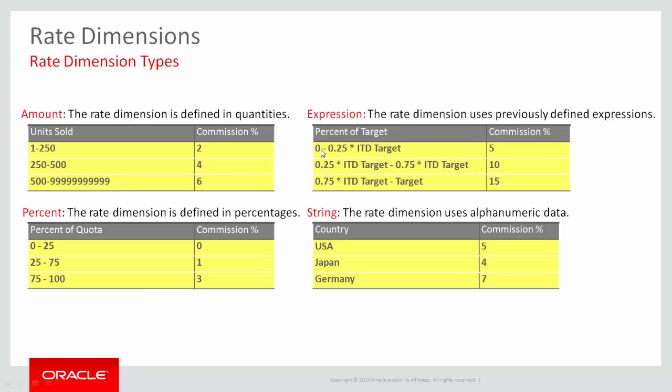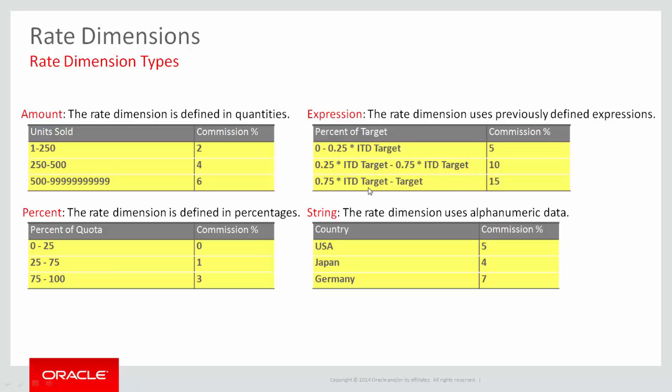A third type of rate dimension that we support is something that we call expressions. So let's say, for example, you have one rep that has a $2 million quota, and you might want to do 0 to 25% of their quota. So you might actually want to write out 0 to $500,000. And then the next one between 25 and 75 of a $2 million quota might be 500,000 to 1.5 million.